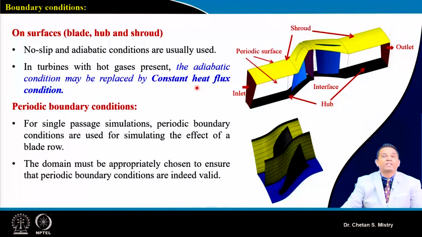Now next is your periodic surface. As we have discussed, this represents my periodic surface 1, this is my periodic surface 1. That is used to exchange the data between the blade passages. So this is used for simulating the effect of the blade row.